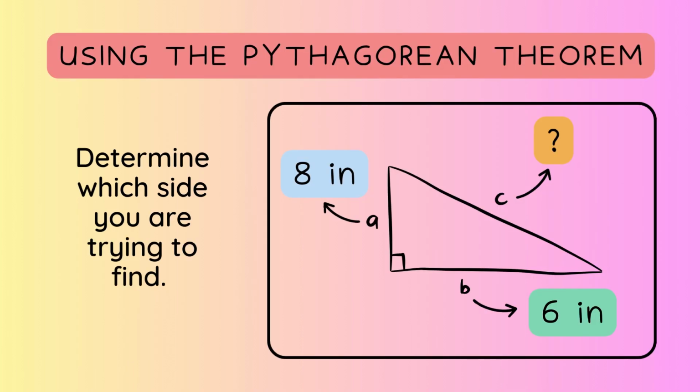Now let's discuss the uses of Pythagorean theorem. Using Pythagorean theorem, you can find the hypotenuse side of a right-angled triangle where the other two sides of the triangle are given. In this example on the screen, one side of the triangle is given as 8 and the other side is given as 6, and you have to find the hypotenuse side of the triangle.